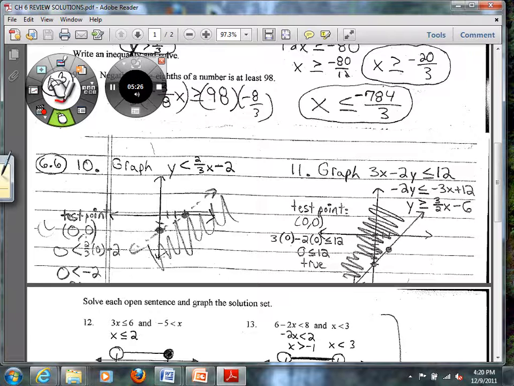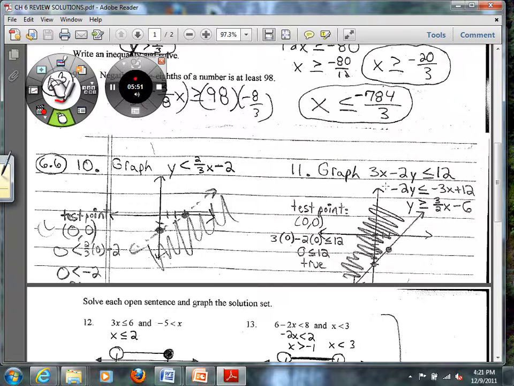So then we do a test point, and I did a test point as 0, 0, and I plugged that into the original, and I got 0 is less than 2/3 times 0, and then minus the 2. So 0 is less than -2, and that is actually false. So that means 0, 0 is not the shaded region, so we shade this side.